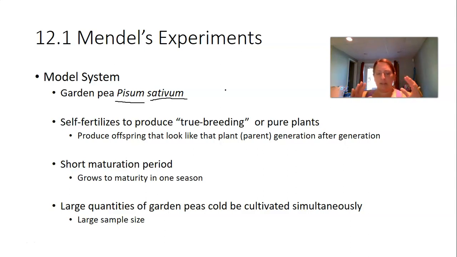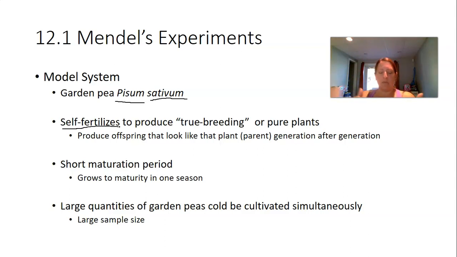Here is a key thing that, again, Mendel was able to set these up. So if you have these pea plants, you can allow them to self-fertilize, which means that, within a flower of the plant, pollen, which contains sperm, if you remember from last semester when we did those plant dissections, pollen produced by the anther, the male part of the plant, is going to contain sperm, and it can fall onto the pistil, the female part of the plant.